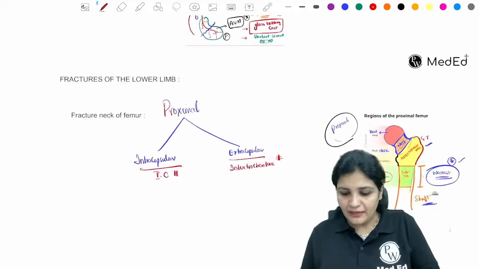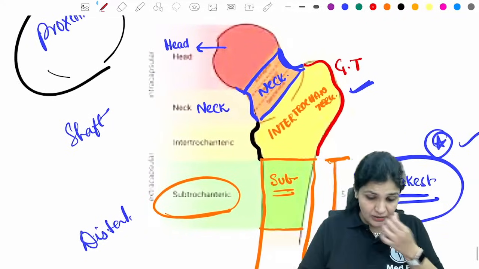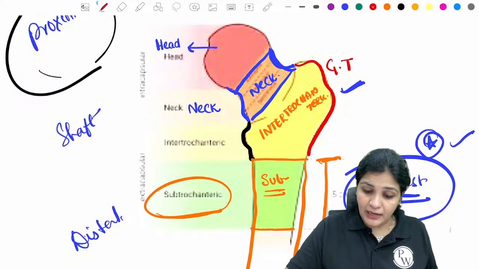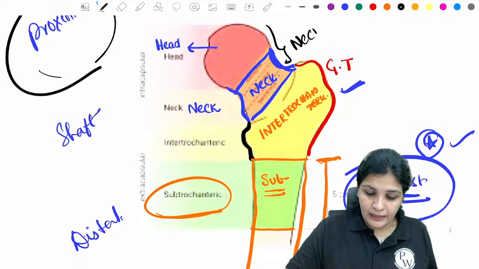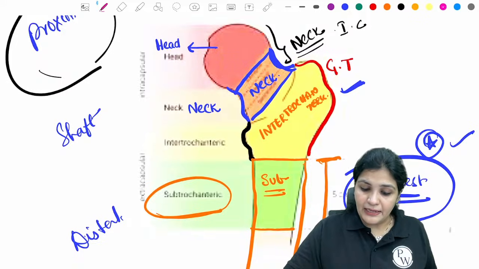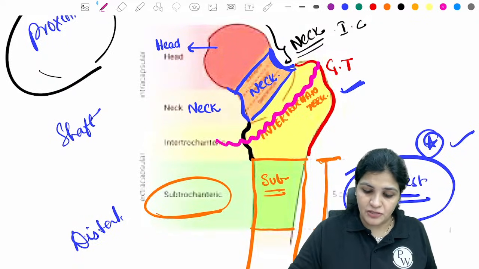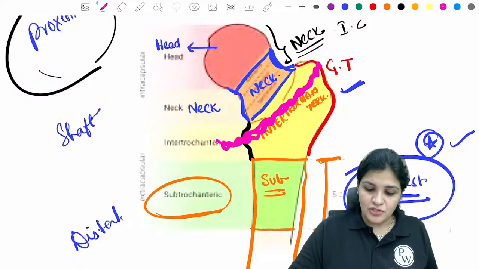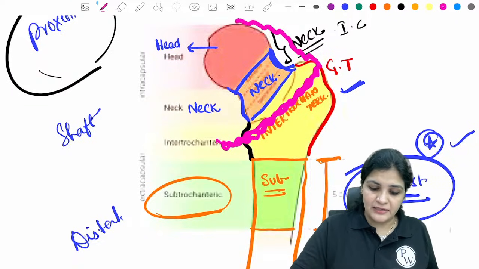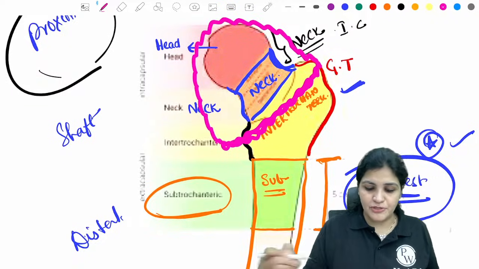Now come back to the diagram here. So here we have understood that whenever there is a fracture of the neck, it is an IC, because the capsule attachment is up to this particular area. So you call this the intertrochanteric crest, and this is all enclosed in the capsule, right?